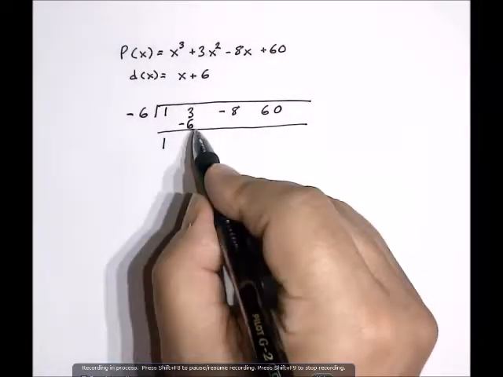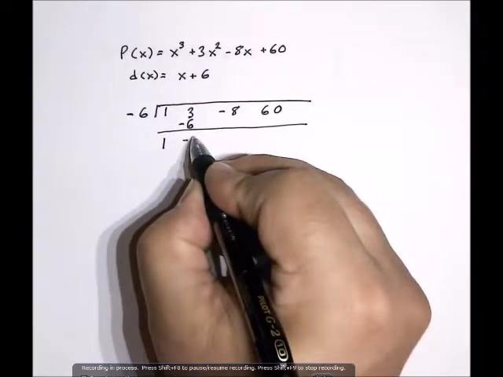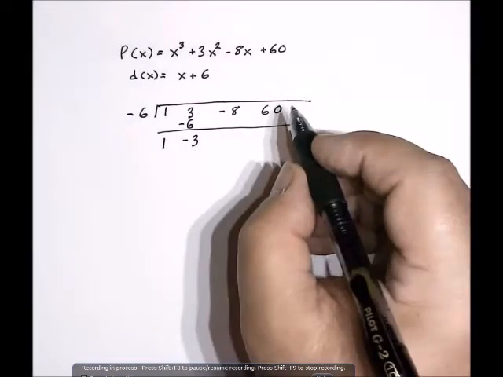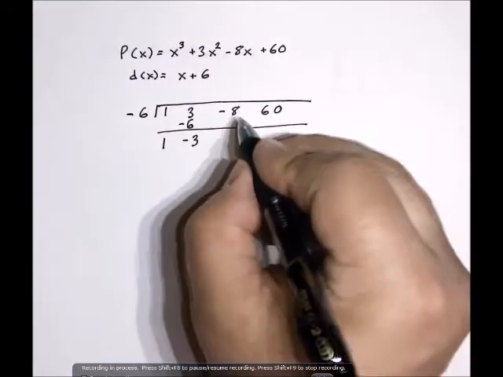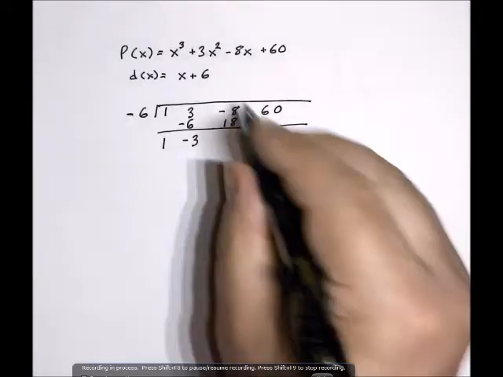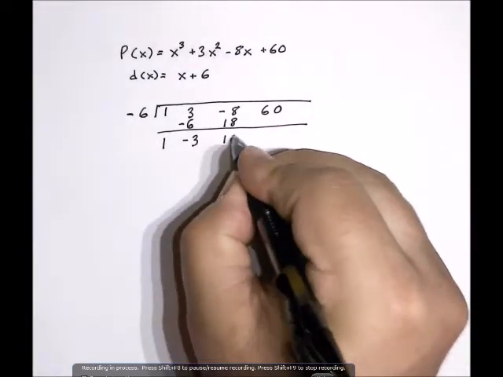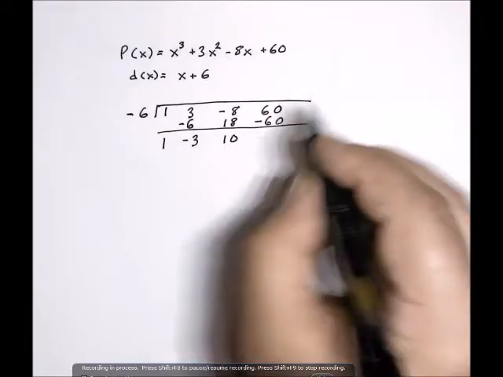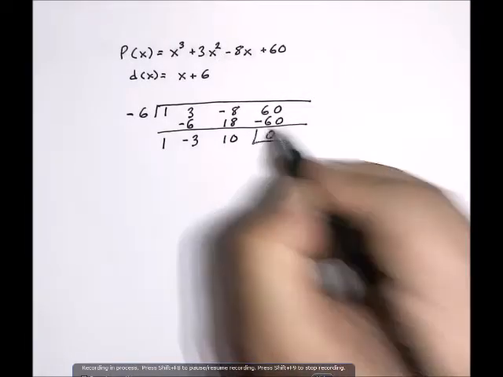And these get added together. Multiply by negative 6 and bring it up here. Add them together. Multiply by negative 6. Add them together.